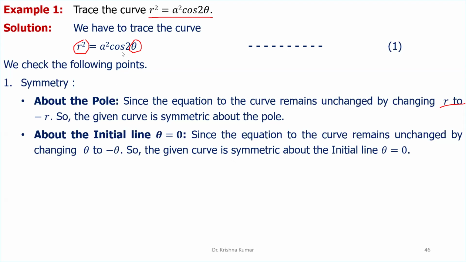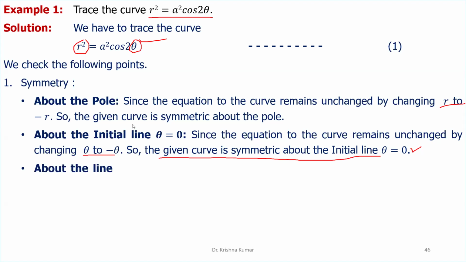Now here, if we replace theta by minus theta, it becomes cos of minus 2 theta, and cos of minus 2 theta is cos 2 theta. Hence, the equation of the curve will not change. So the given curve is symmetric about the initial line theta equal to 0.